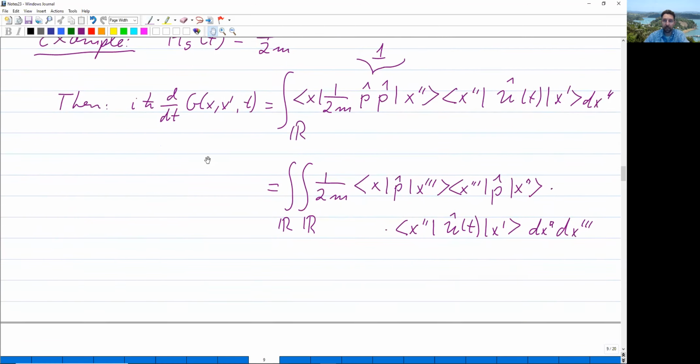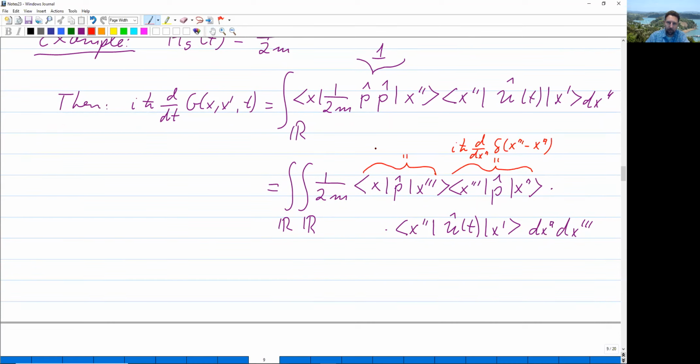Okay, now, how to proceed from there? Well, let us remember that we worked out what these guys are, this one and that one. We calculated this before. And what we found is that this is equal to i h bar, and then it's d by dx double prime delta of x triple prime minus x double prime.